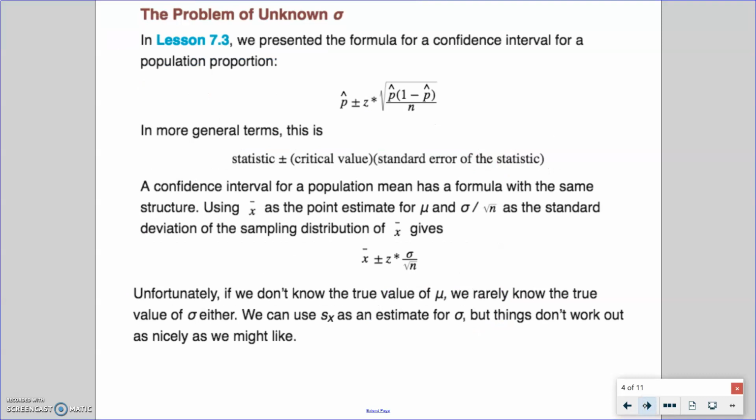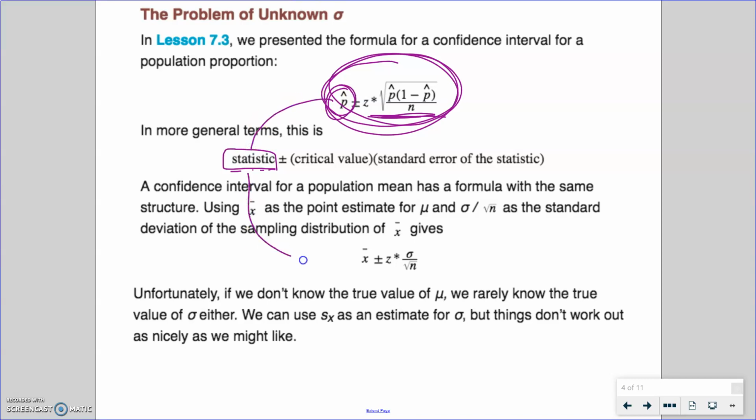All right, so in our lesson about proportion confidence intervals, we came up with this guy. This was basically our point estimate plus or minus our margin of error. The way we got that is we used p hat plus or minus the z critical value multiplied by the standard deviation. So in general terms, it's what's the statistic that you got. In this case, if before we were using p hat, the statistic we're going to use is x bar now.